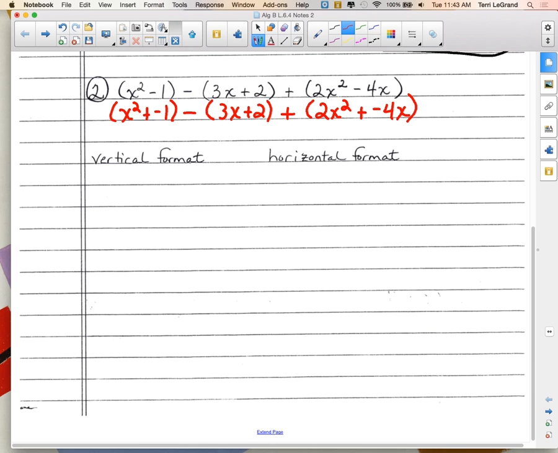Now, are we ready to set it up for our vertical format? No, because we have to change the subtraction. Yeah, because here's the cool thing. If we change it to addition, then all 3 of them can be added at the same time. If we don't change it to addition, what does order of operations say you have to do first?